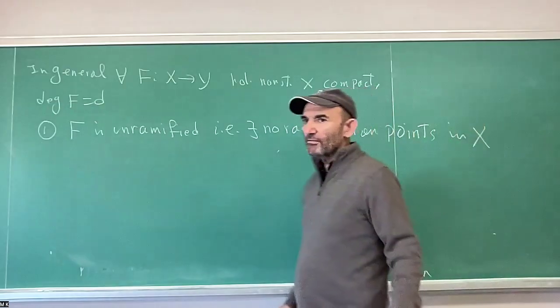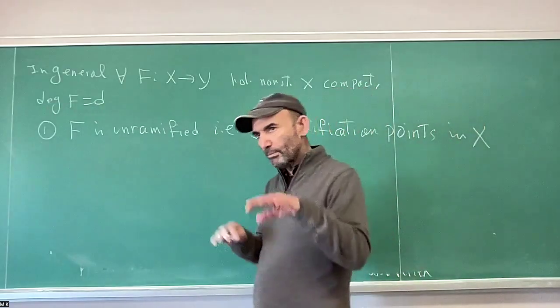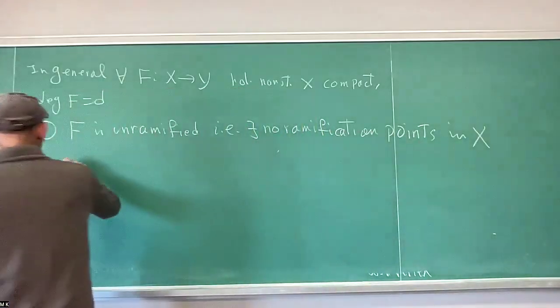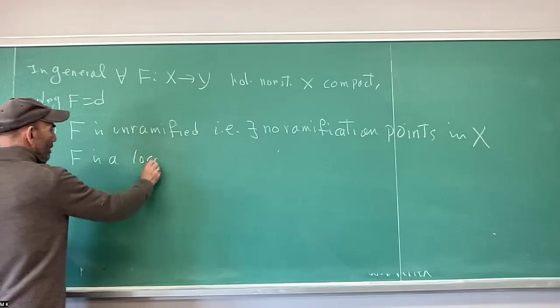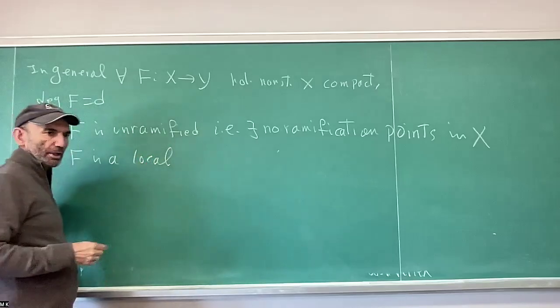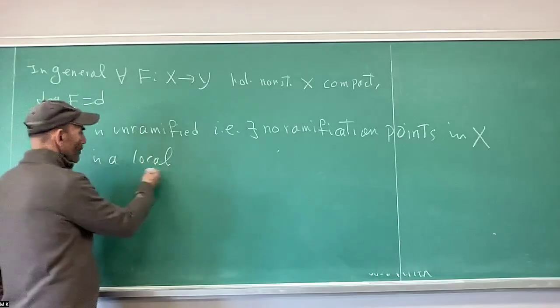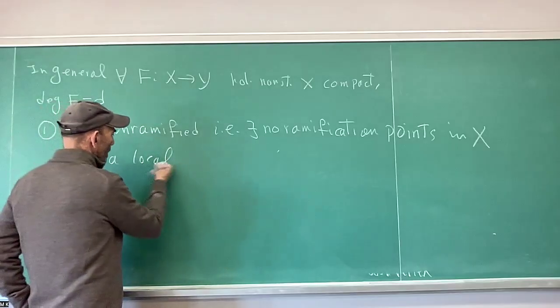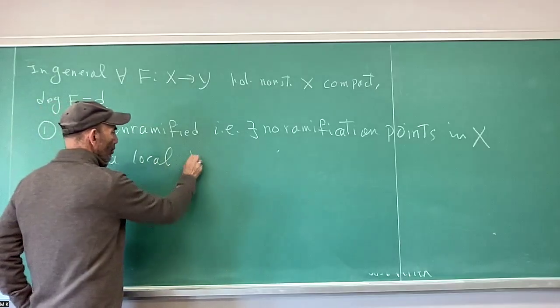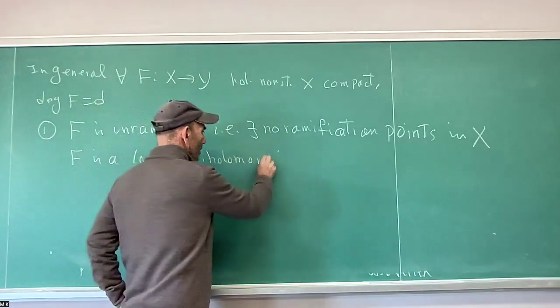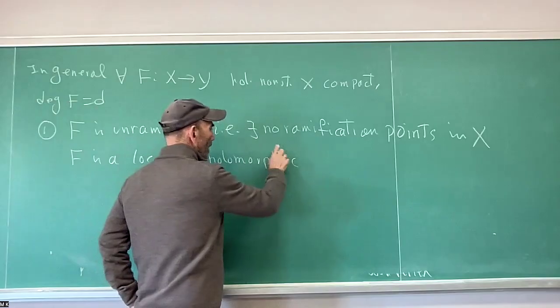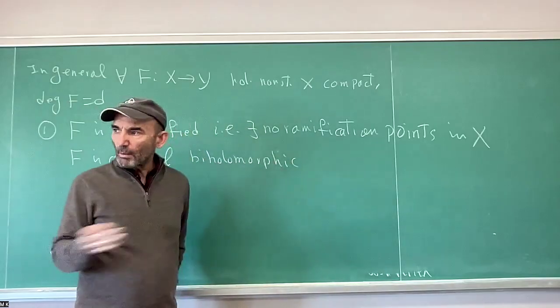And in this case, f is a degree d covering map. Then f is a local biholomorphic map. And in fact, it is a degree d covering map.